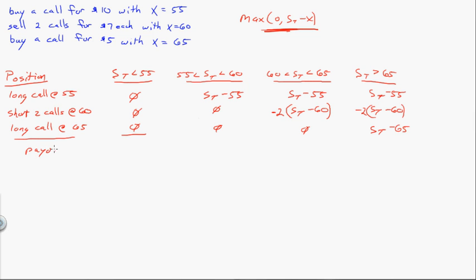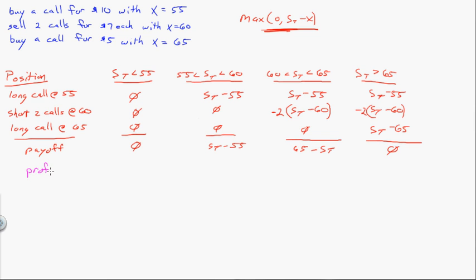What does my payoff look like? That's 0. This is ST minus 55. This is going to be 120 minus 55. That's 65 minus ST. And that's going to wind up being 0.